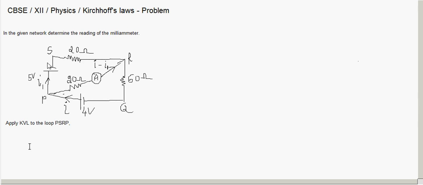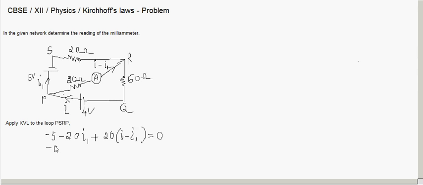I'm going in the clockwise direction, so that is -5, -20 I1, plus 20 times (I minus I1) equal to 0.